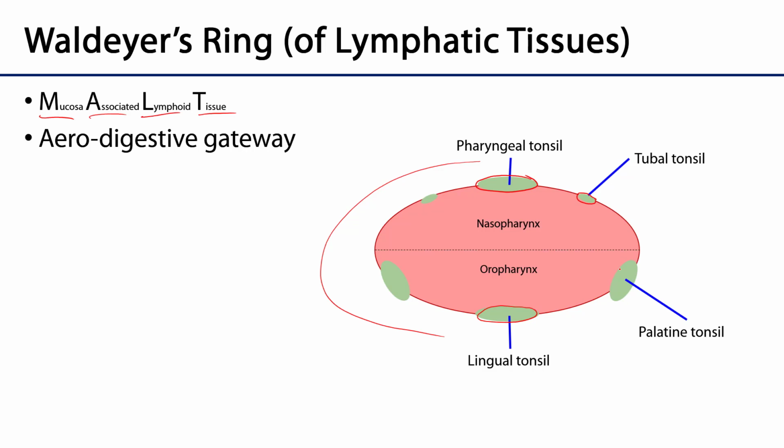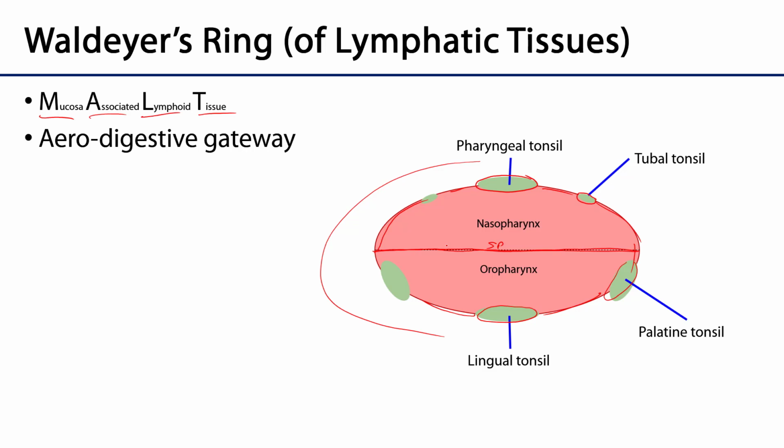And then, maybe somewhere around 5 and 9, the palatine tonsils. And so these are found through the nasopharynx and the oropharynx. And the division between them would be that line going through the soft palate.